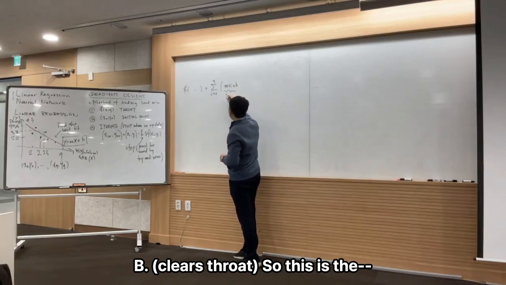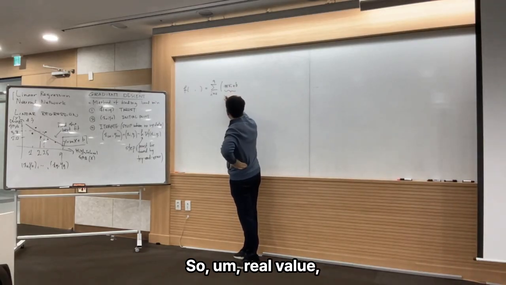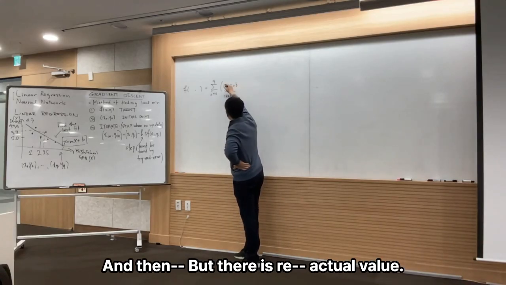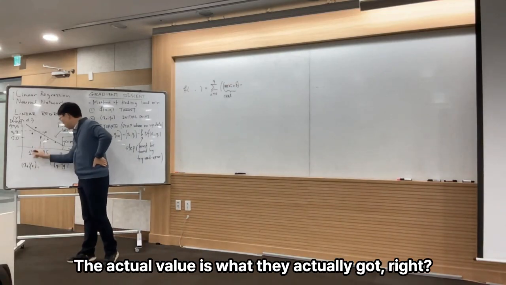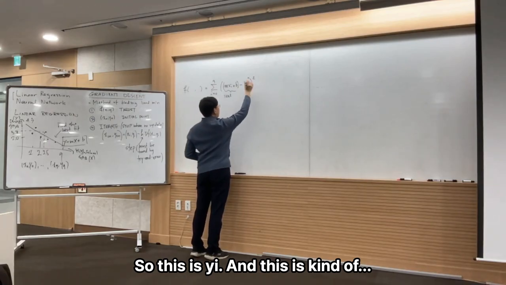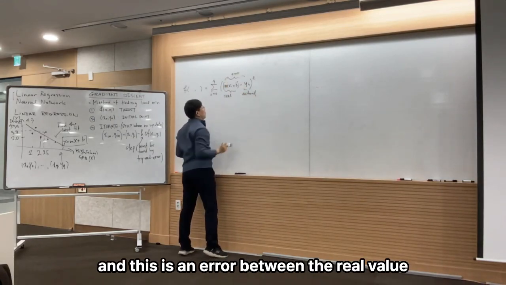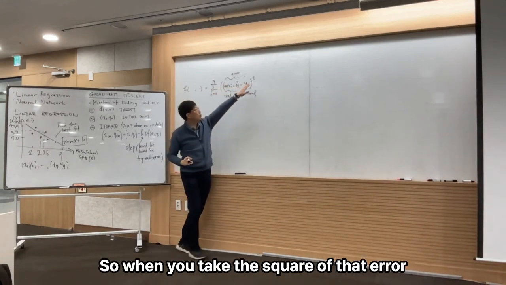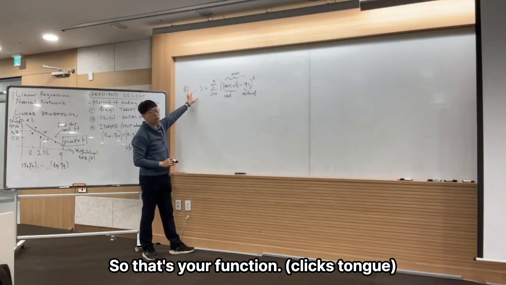This is always confusing, real and actual. The real value is kind of the expected one. But there is an actual value, which is what they actually got, right? So this is yi, the actual. And this is the error between the real value and the actual value. When you take the square of that error and sum it over all the people, that's your function.